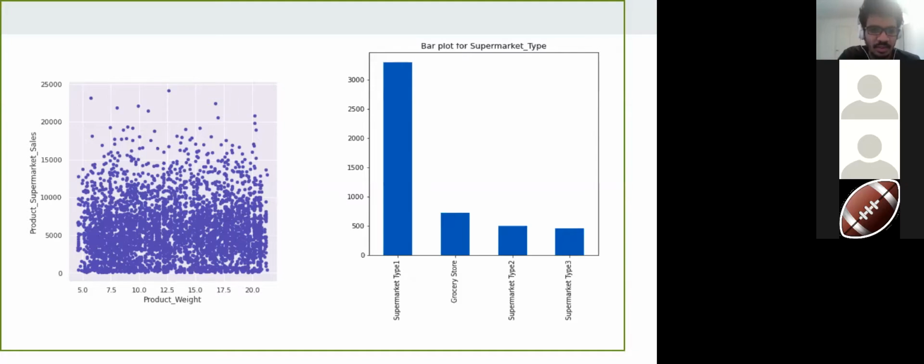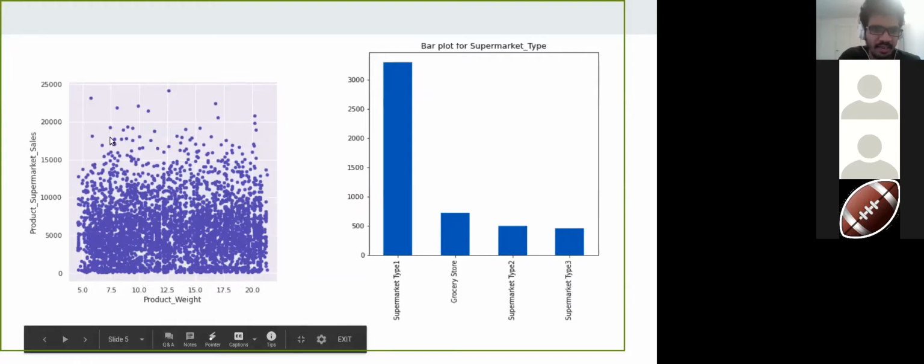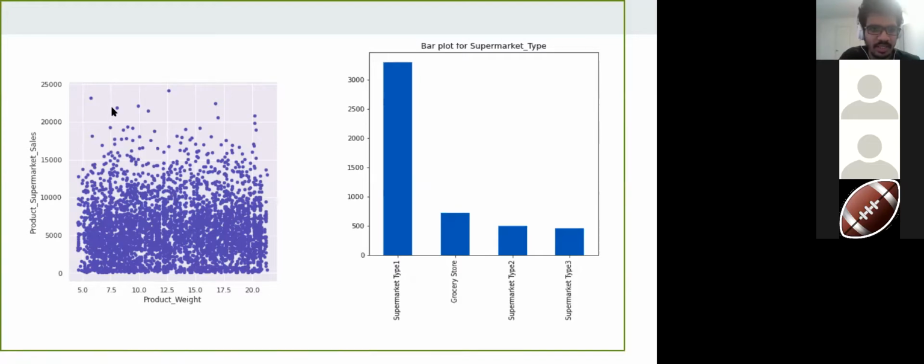The product weights at these particular points have a few outliers for the supermarket sales, and we can see them here, that they are not within this sort of cluster. So we can gauge some information from scatter plots. It's not enough though, and we'll see how we can try to gain more information from these.